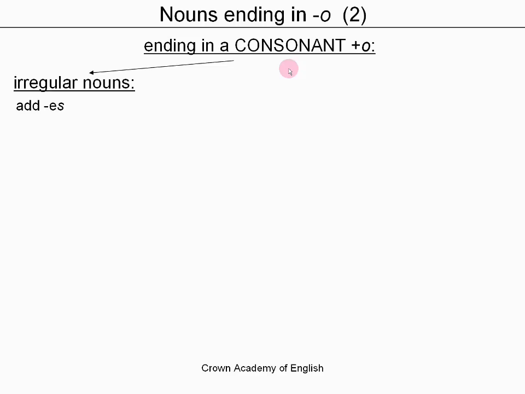So you must remember this list. Okay, you must learn this list of nouns. So potato, potatoes. So the pronunciation is the same. There is no difference in the pronunciation. It is the same pronunciation as if there was just an S at the end.